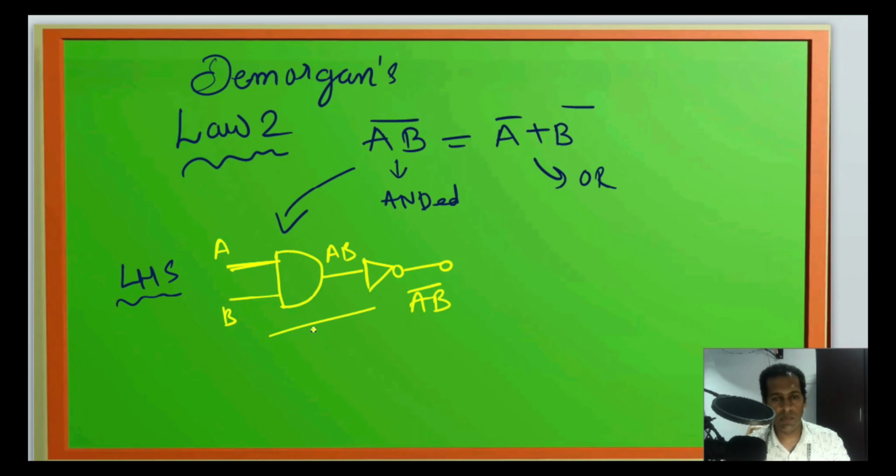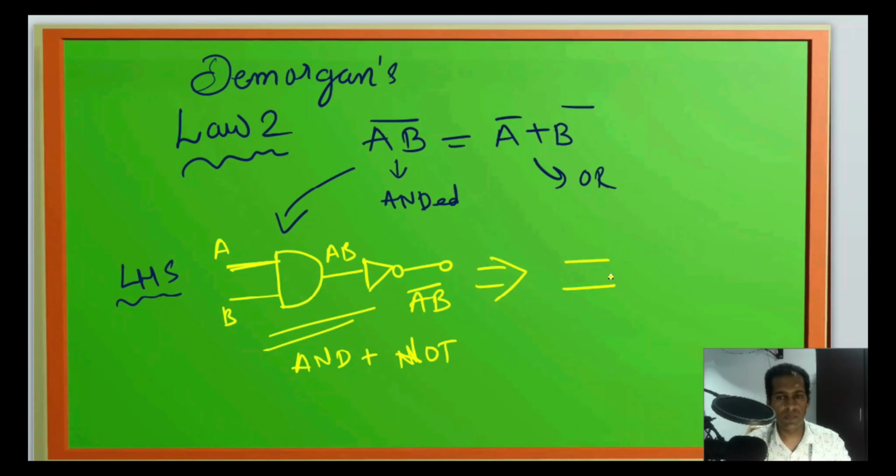If we remember the circuit of a NAND gate, NAND is nothing but AND plus NOT gate. So this is equivalent to the NAND operation. This is the LHS.